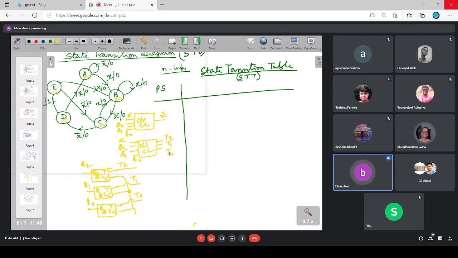Or there are two other blocks that are to be realized. Those two blocks are the output combination logic block and the next state combination logic block. So these are combinational logic circuit blocks.